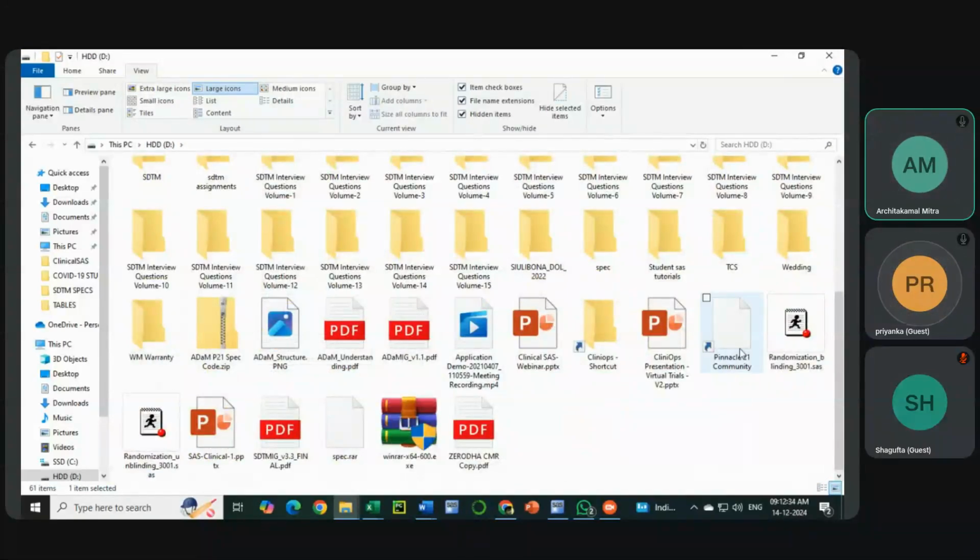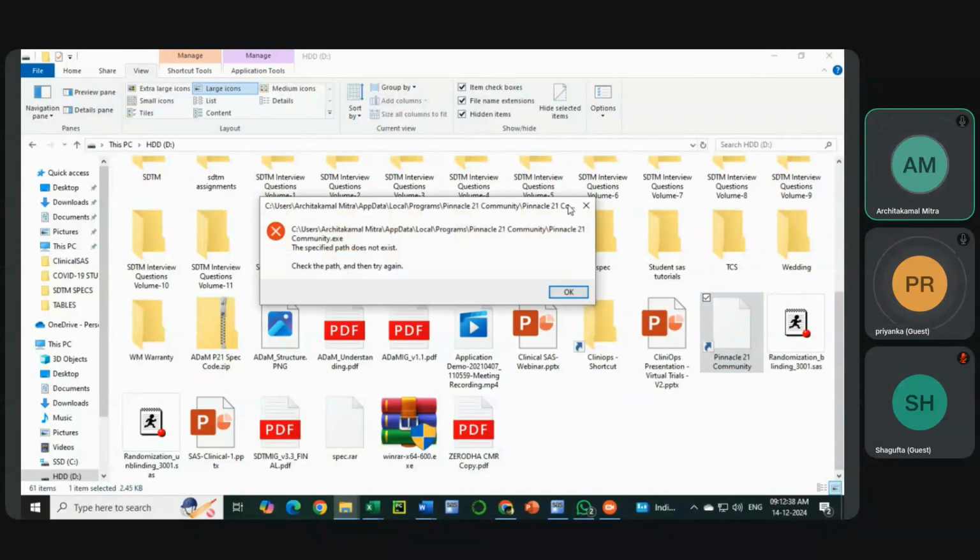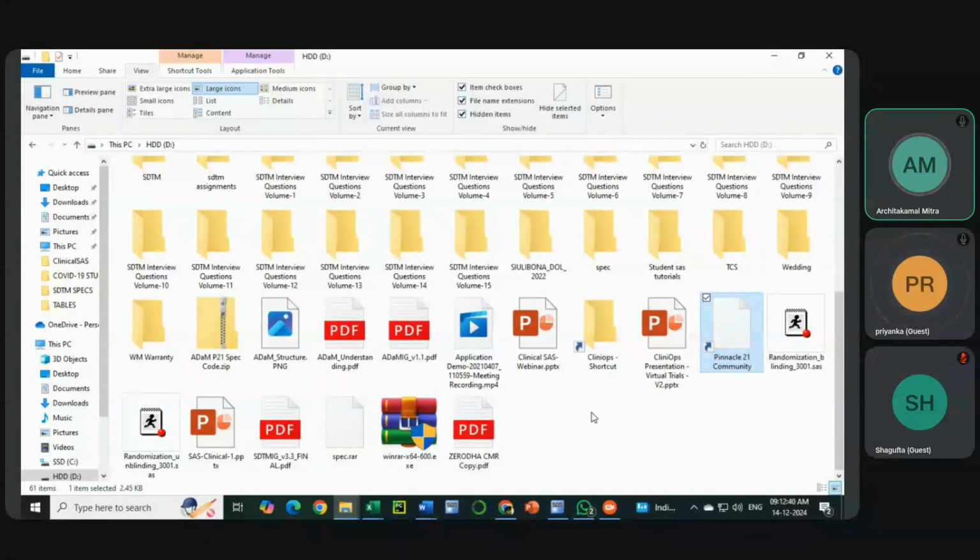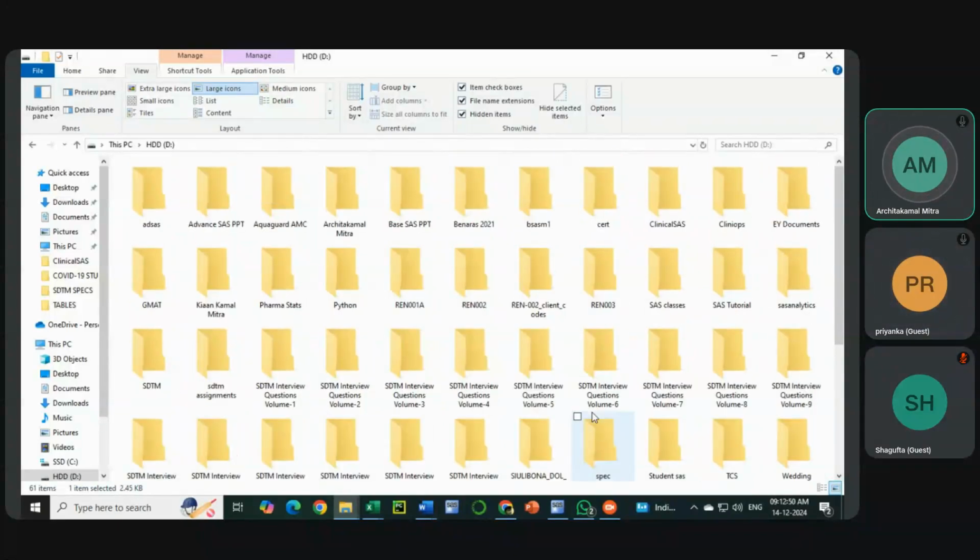I have this Pinnacle 21 Community, but I don't know whether it will open. I have not tried it. This is the problem. It probably needs some kind of a license based on which you can open it. But you can see on YouTube how Pinnacle 21 works. It will show you step by step how it actually works.